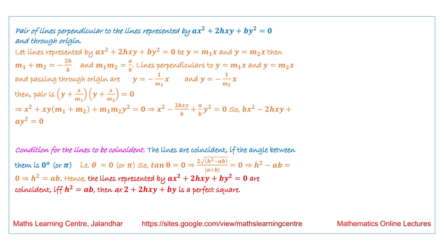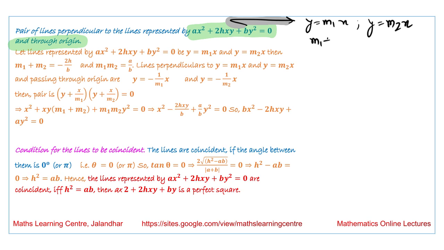Next is the pair of lines perpendicular to the lines represented by ax square plus 2hxy plus by square is equal to 0 and passing through the origin. We have to calculate the pair of perpendicular lines. So again we are considering that the two lines corresponding to this joint equation are y is equal to m1x and y is equal to m2x, where m1 plus m2 is given by minus 2h by b and m1 into m2 is given by a by b.